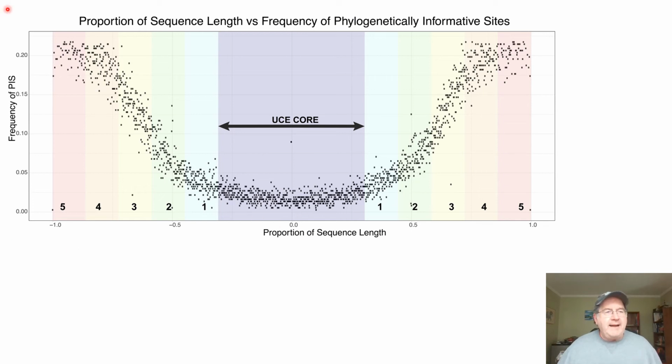On the vertical axis, frequency of PIS is the frequency of phylogenetic informative sites. Just another way of saying variable sites. We need variation amongst our organisms in order to get data useful for reconstructing phylogeny. So this is the frequency with which that variation occurs in the DNA as we move away. I don't know which way they've got this oriented. Let's say the 3' direction and the 5' direction on the DNA strand.